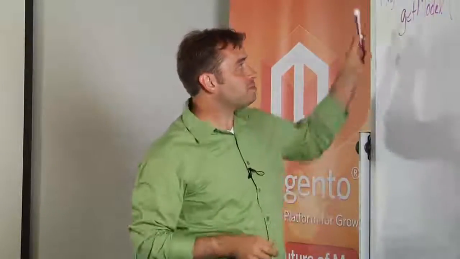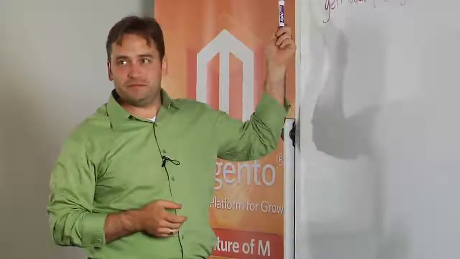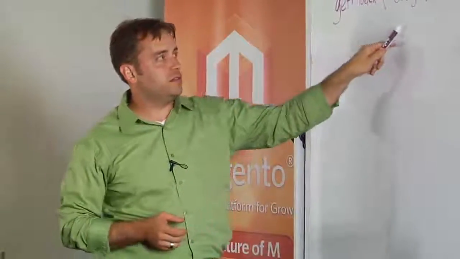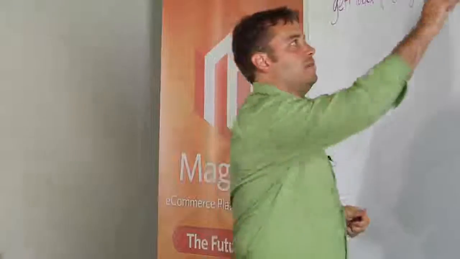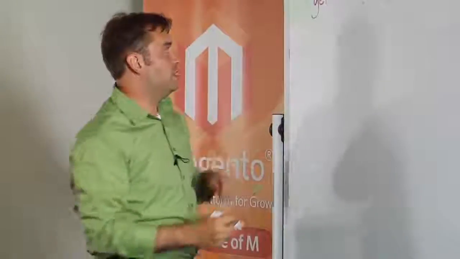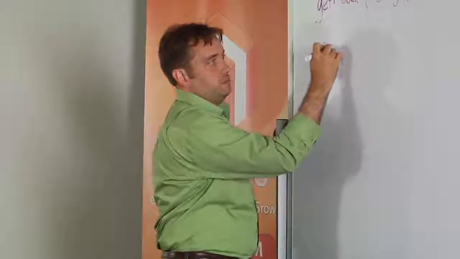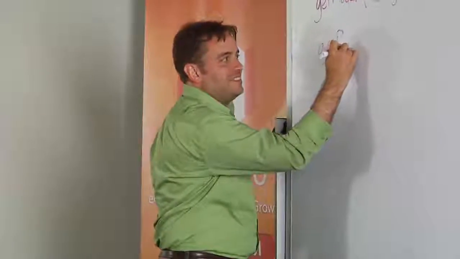That's real PHP cocktail party stuff. Yeah, so double colon. So that's model. Get resource model, same thing, Mage::getResourceModel.